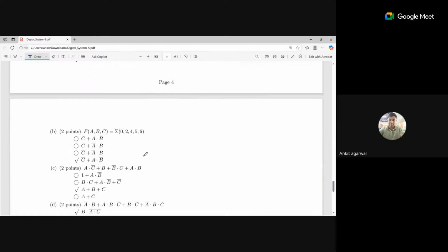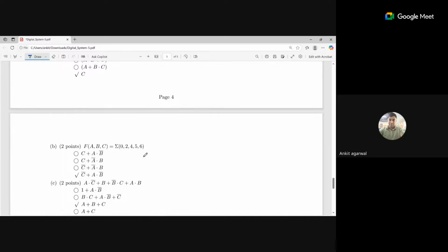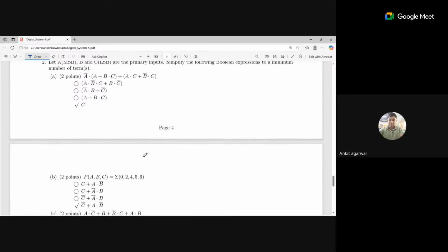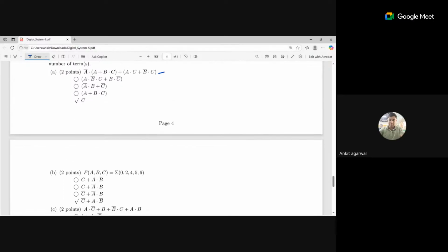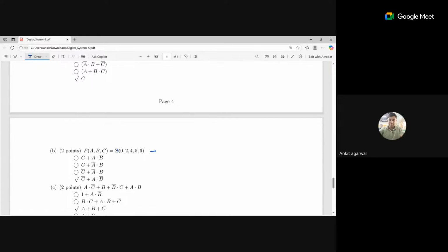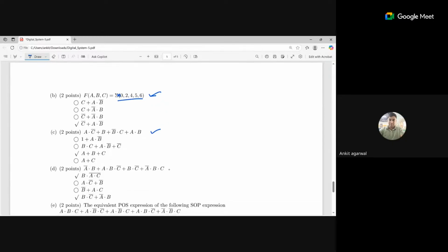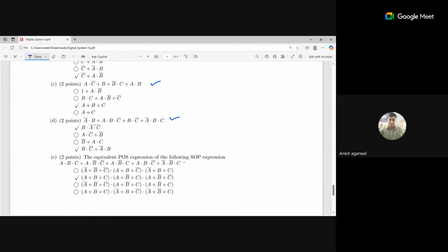Now you have to try question number 2. We will discuss it in the next class. That is a simple question. The expression is this one, and you have to simplify it. This is the representation in sigma m, and this is the simplified form. You have to represent it in POS.